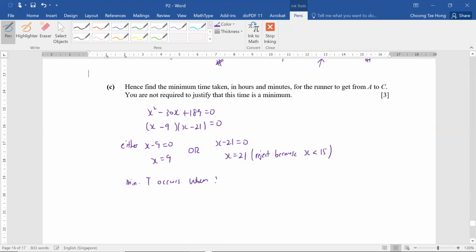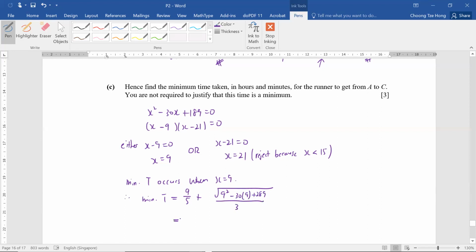So minimum T occurs when x equals 9. Therefore minimum T equals, we sub 9 inside the expression for T, which we found in part A. So you will get 9 over 5 plus square root of 9 squared minus 30 times 9 plus 289, over 3.